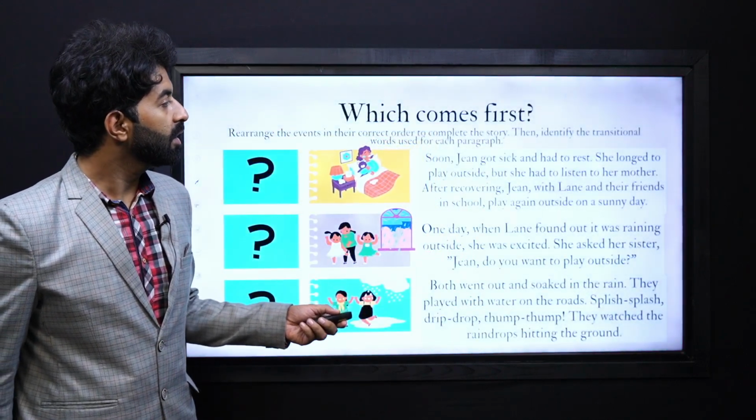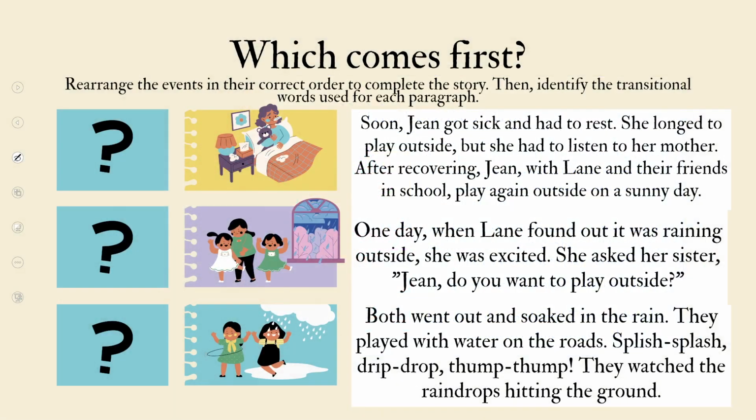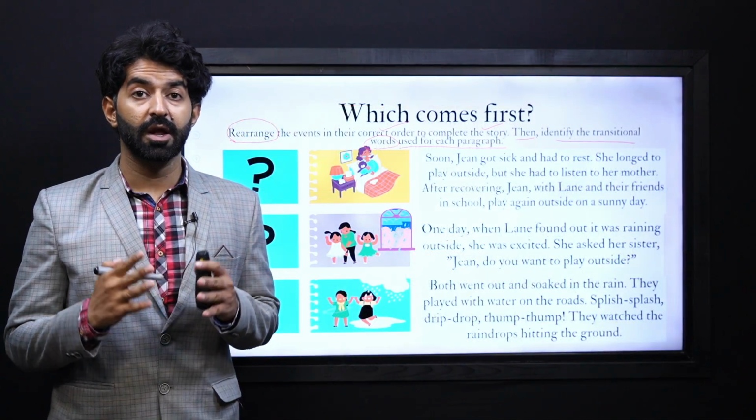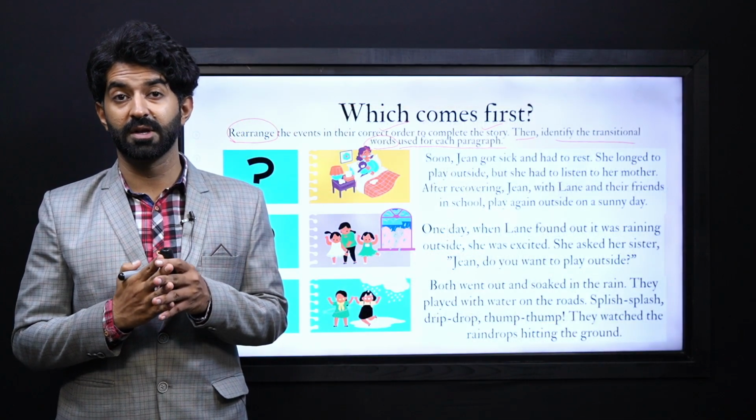Now, here in front of you, you have some events that happened. Rearrange them in their correct order to complete the story. Then identify the transitional words used for each paragraph. Now, after reading all these three different passages, think about it. Which one is coming first?